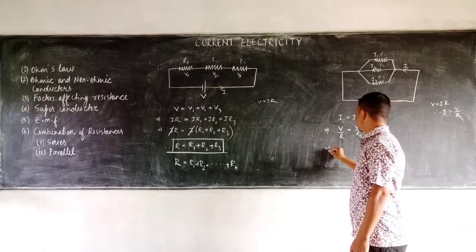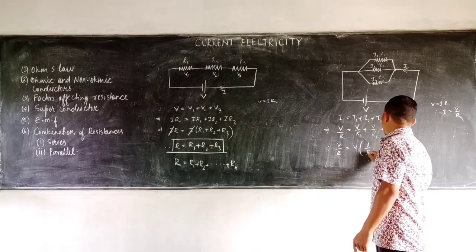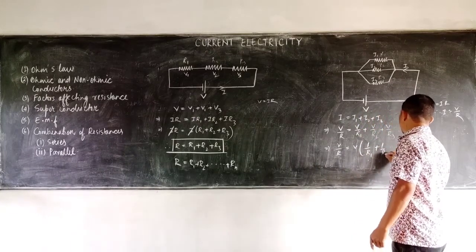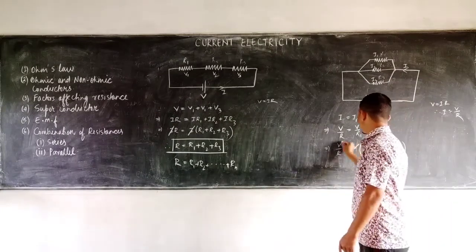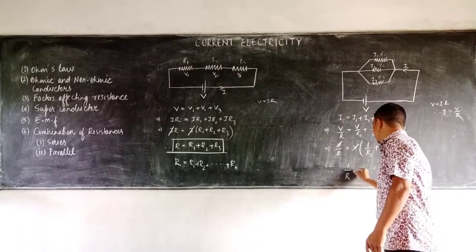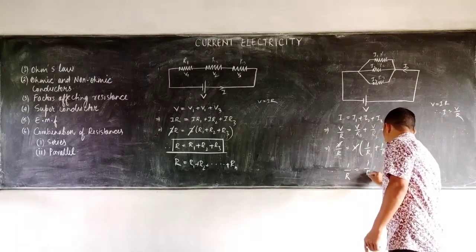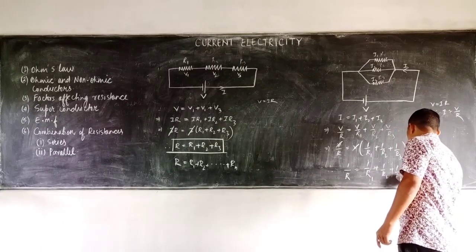Now, taking V common on the right hand side, I will get V times 1 divided by R1 plus 1 divided by R2 plus 1 divided by R3. Finally, V and V I can cancel. Therefore, the inverse of the equivalent resistance, 1 by R, will be equal to 1 by R1 plus 1 by R2 plus 1 by R3.